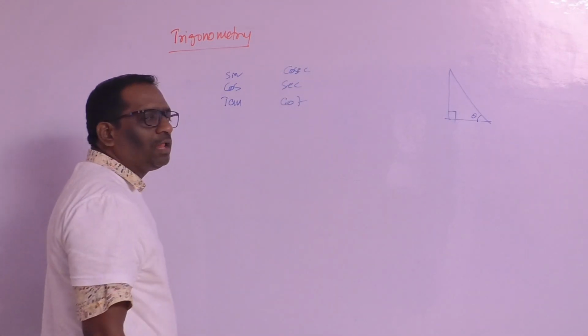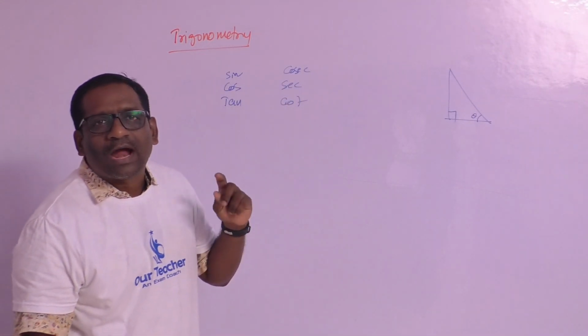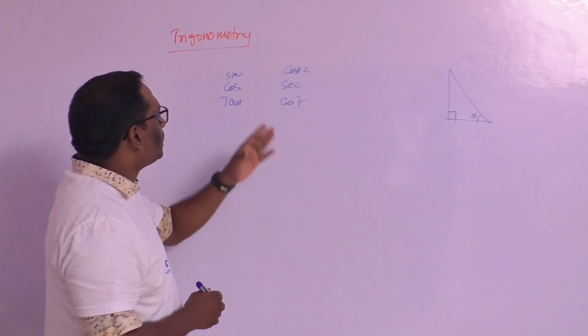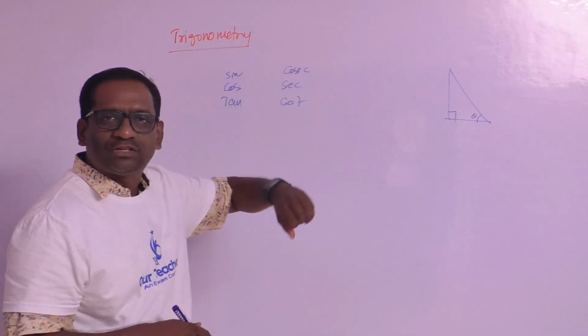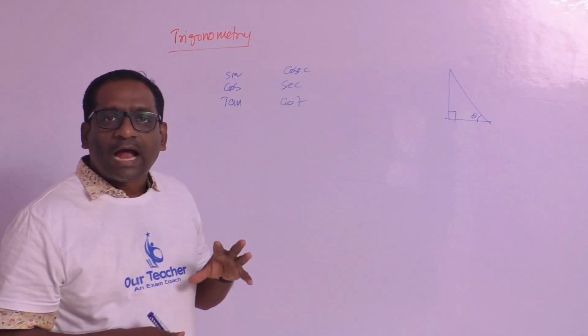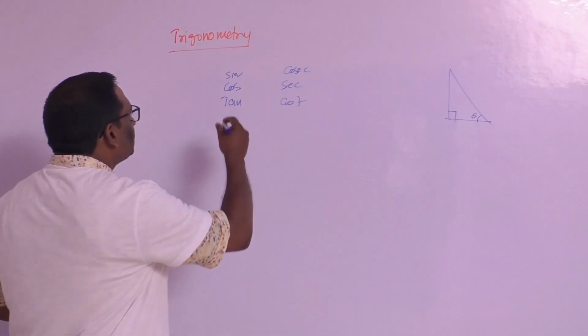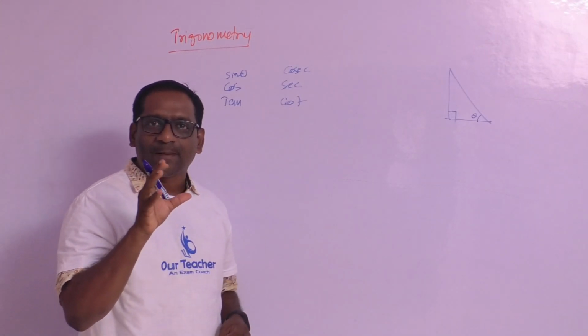These six values don't mean anything unless they are assigned a particular angle. Sine has no meaning, cos no meaning, tan no meaning, unless you assign a particular angle. Sin theta only then has a particular value.